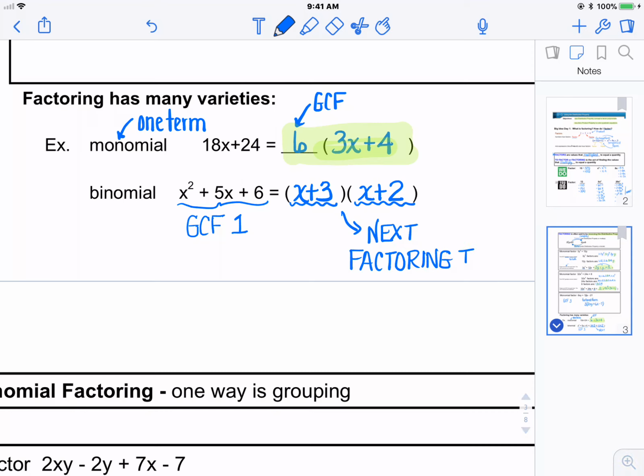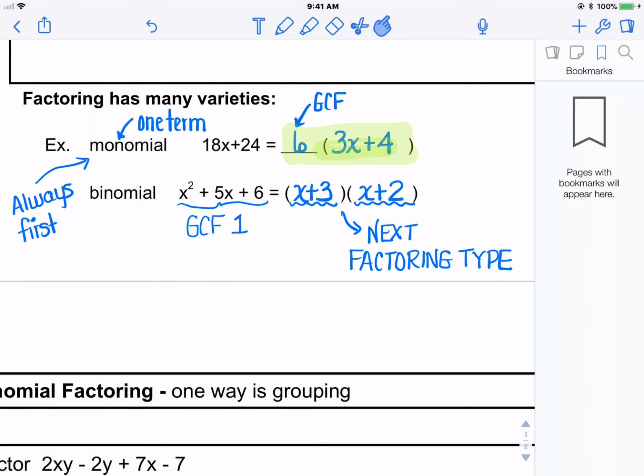And now this is our next factoring type, which is binomial. We always try to monomial factor first, so I'm going to leave a little note. Always monomial factor first. And then eventually we're going to work on that, then afterwards getting the binomial factors.